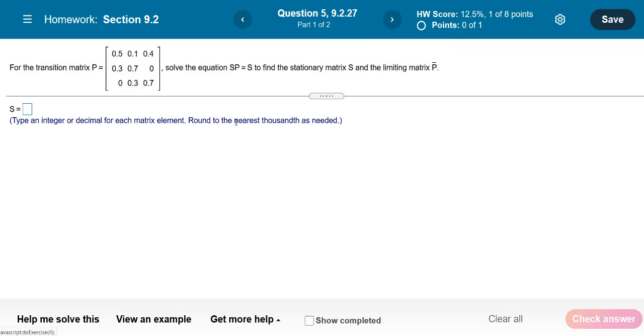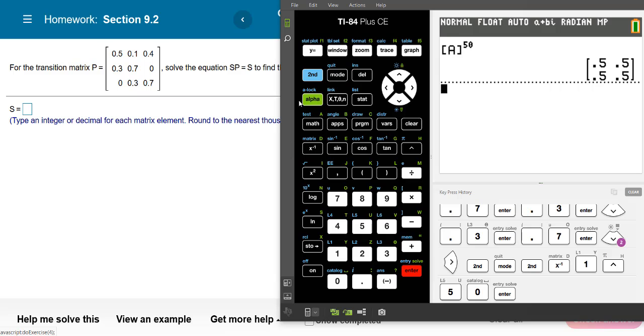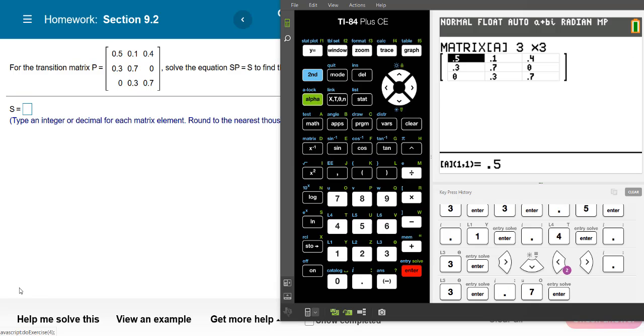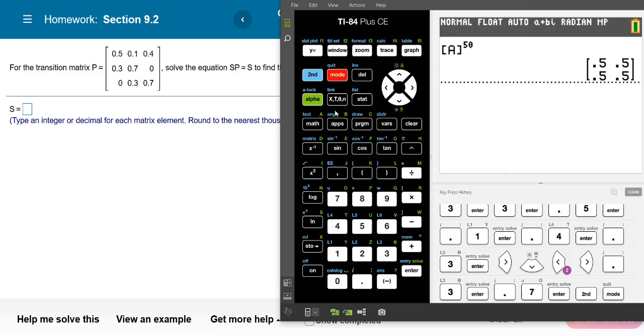Question number 5 is the same thing, so we will do the same process. Take out our calculator, go to the matrix editor, and enter our matrix. After entering the matrix, make sure you check each element, because one mistake and you'll be getting the wrong answer. Just like before, we exit to the main menu.